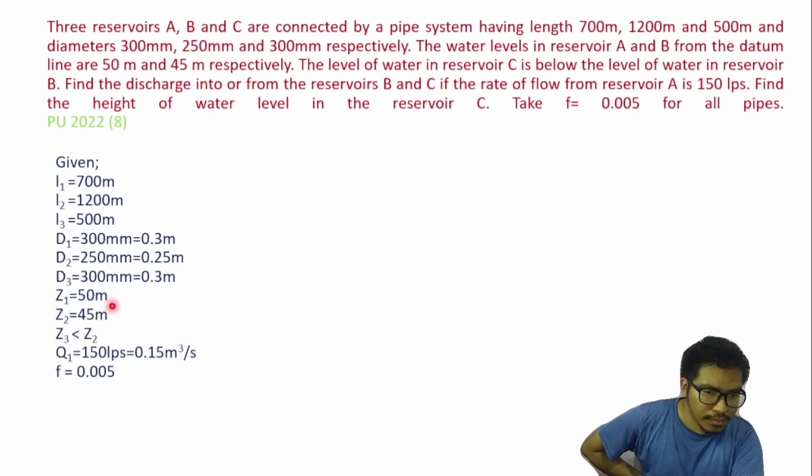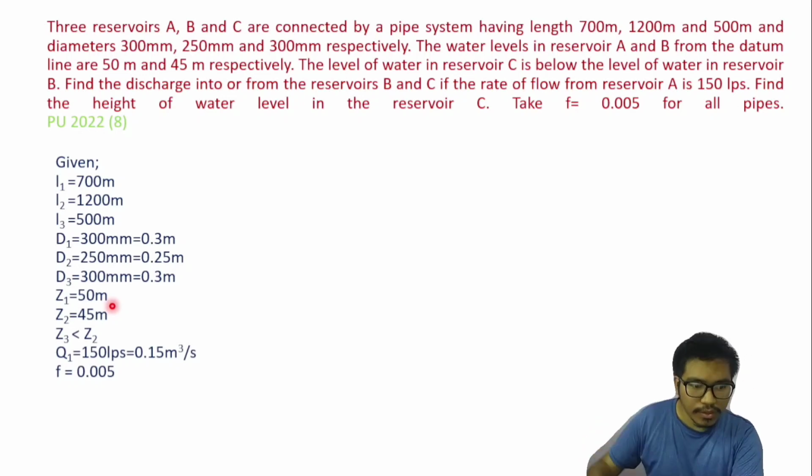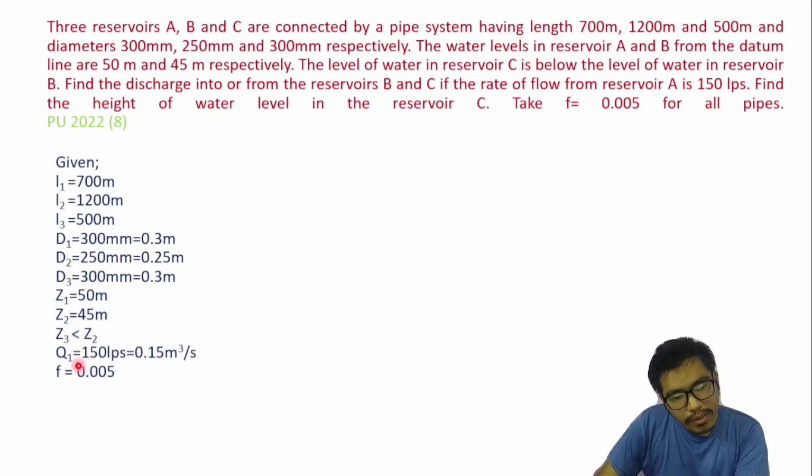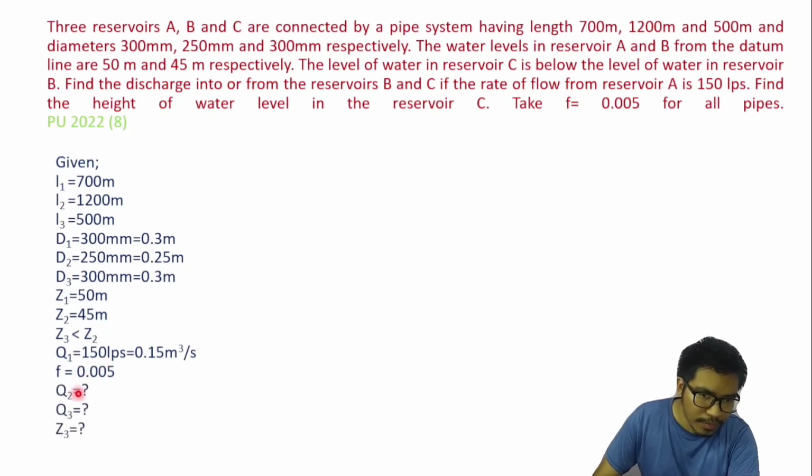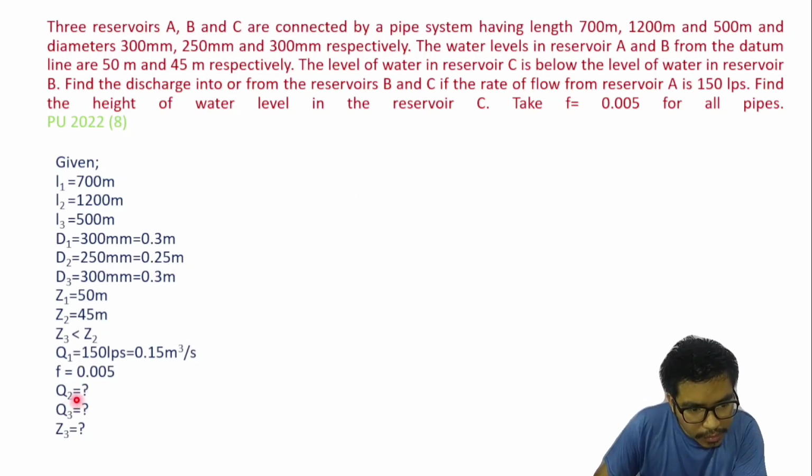That means the level of water surface of reservoir C is less than that of B. And we have been given discharge of 150 LPS, divided by 1000 gives 0.15 meter cube per second, and this is the coefficient of friction because there is 0.005. So we have to calculate discharge in the two pipes and reservoir C.